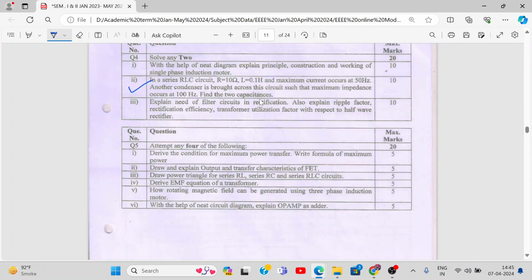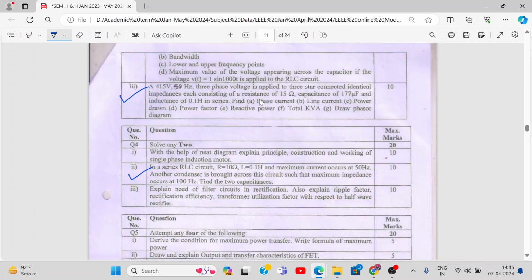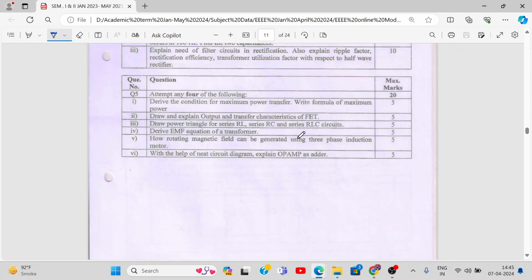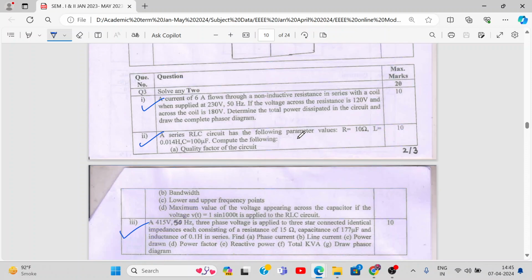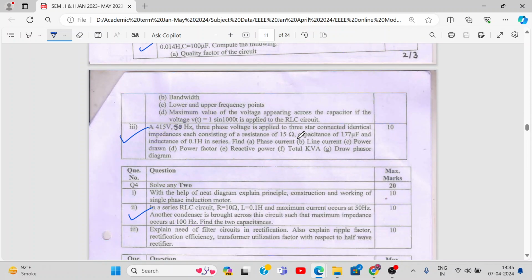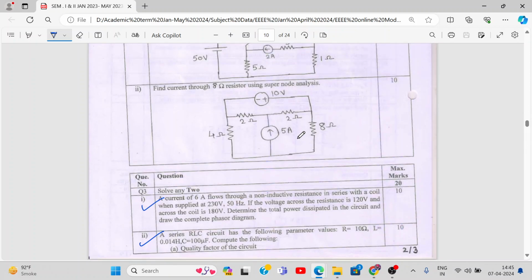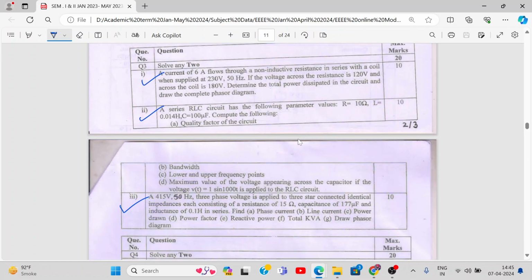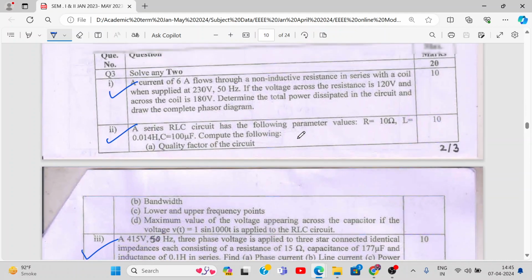The rest are theory questions which you can answer better than I can teach you. So 4 numericals you have to solve, and that's it for today. Next time we'll solve another paper.